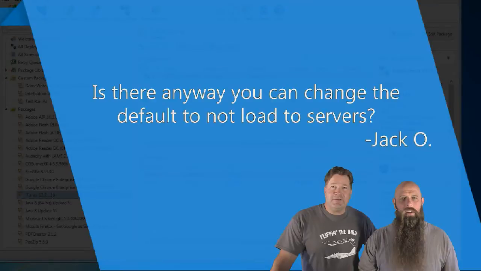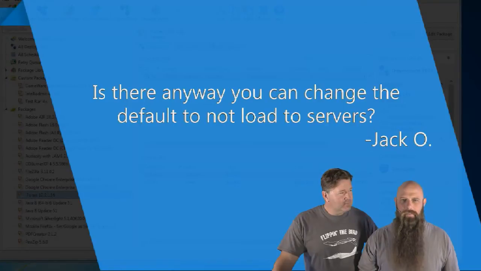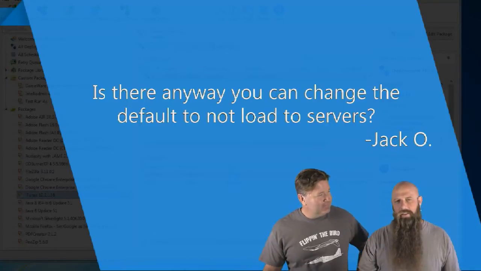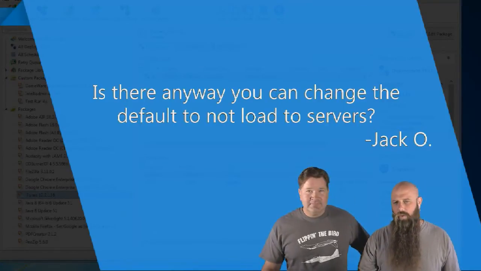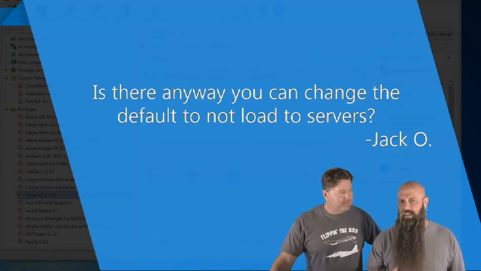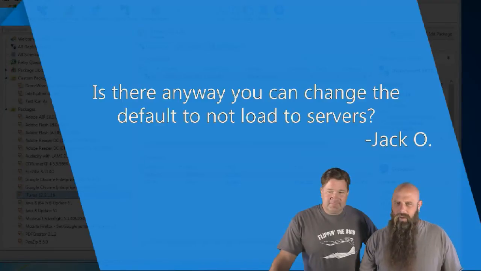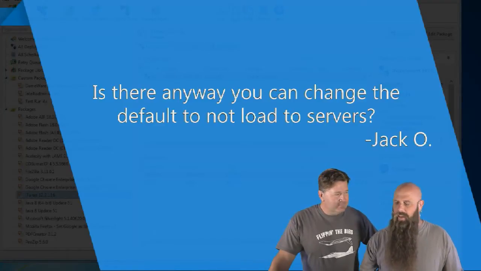Is there any way you can change the default to not load to servers? Hey, Jack. If you're talking about the default for package parameters or a preference in the package library, we have considered that, but we also have gotten feedback from customers that say they do in fact deploy some of these things to servers.